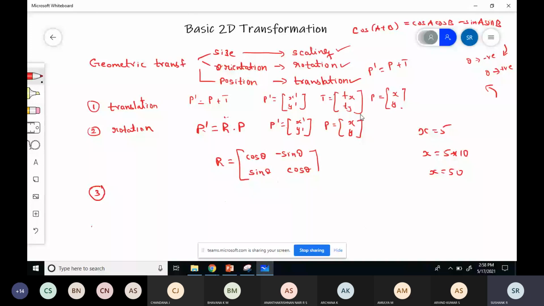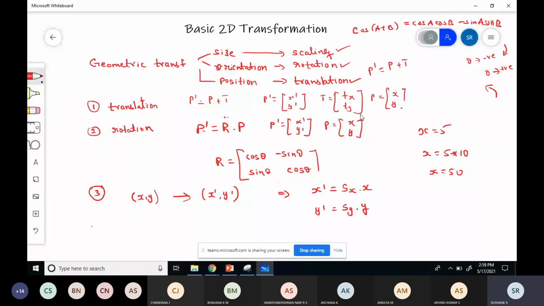Here we are talking about the two-dimensional plane, the 2D coordinate system. X comma Y is the initial position. You want to scale it to a new position X dash comma Y dash, where X dash is a multiplication factor times X, and Y dash is also a multiplication factor times Y. We'll call it the scaling factor.